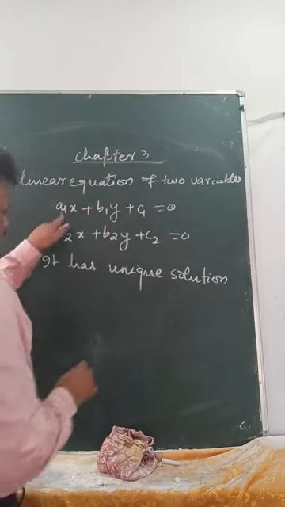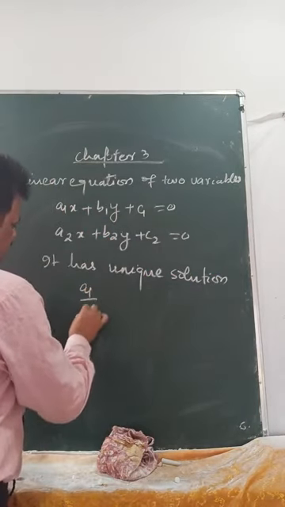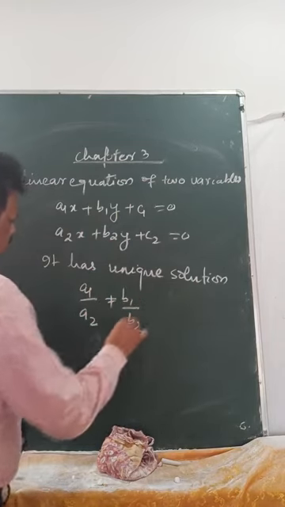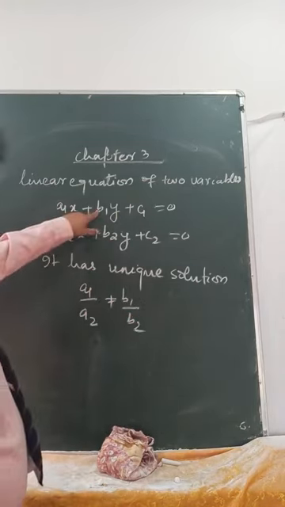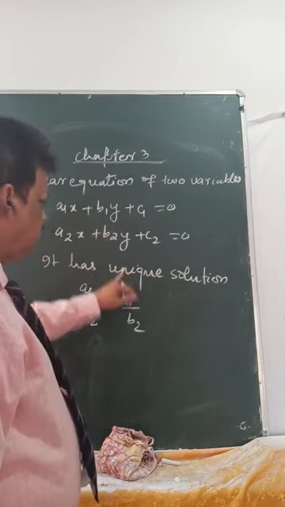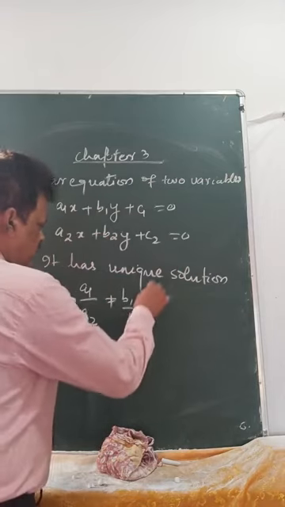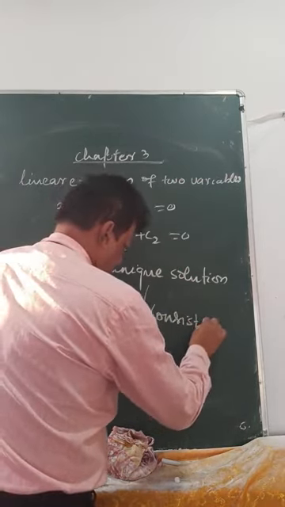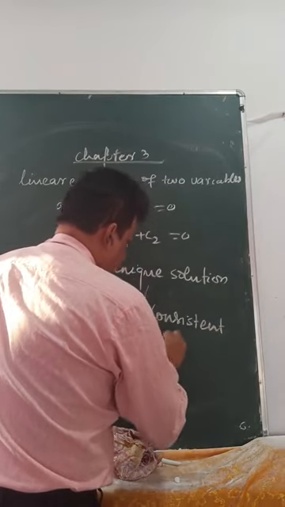How to know? Then it is a1 by a2 not equals to b1 by b2. If these two ratios are not equal, then you can say this equation has unique solution. This is also called consistent values.